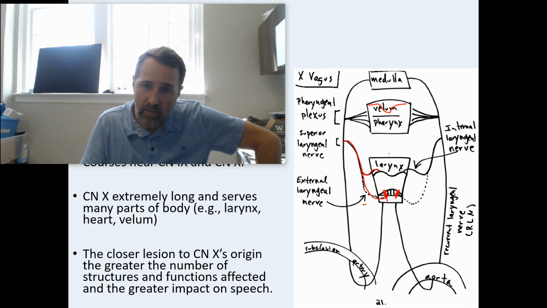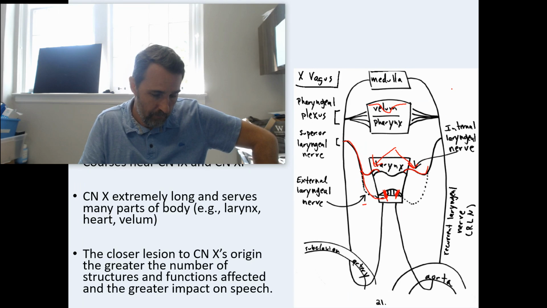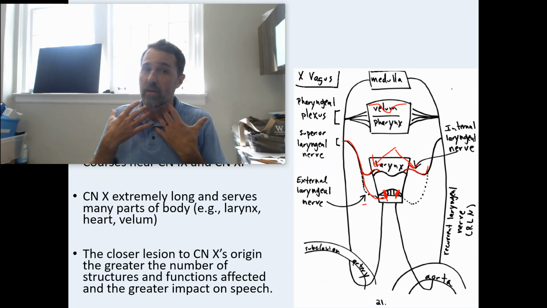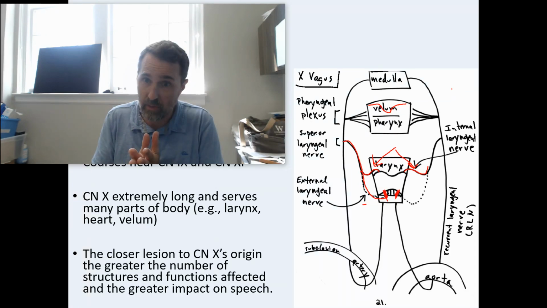intrinsic, the internal branch of the SLN, this little guy, because he is responsible for transmitting afferent or sensory information from the vocal folds back up to your brain. So it's important to feel when something is on your vocal folds so you can cough it up.